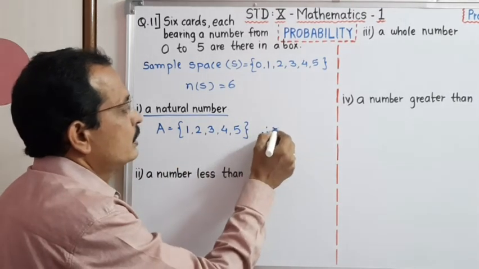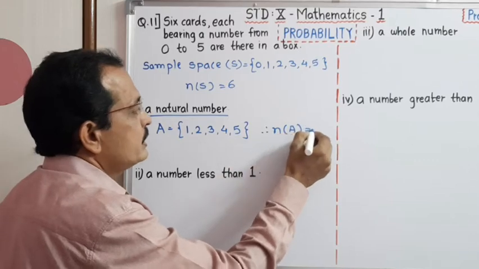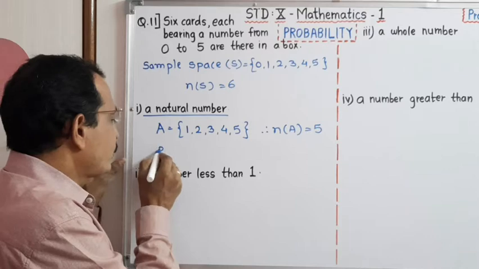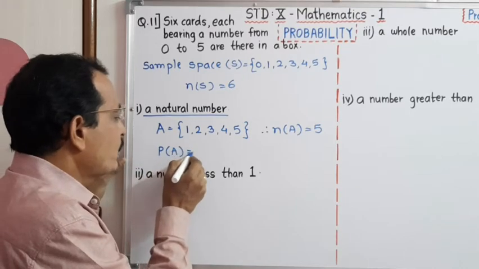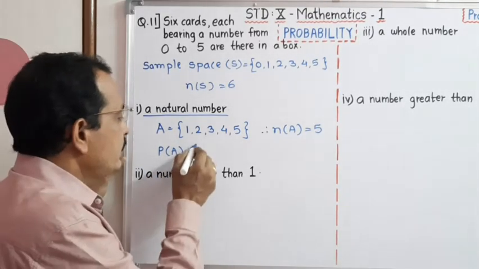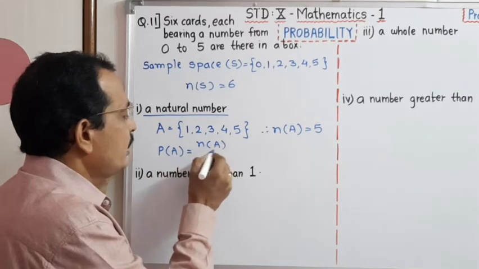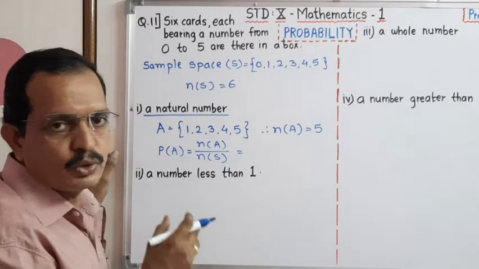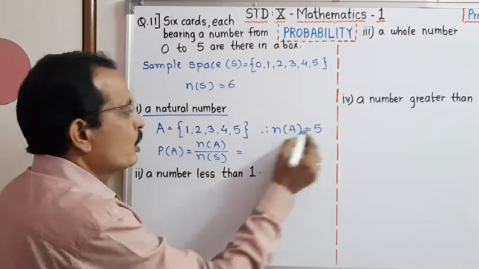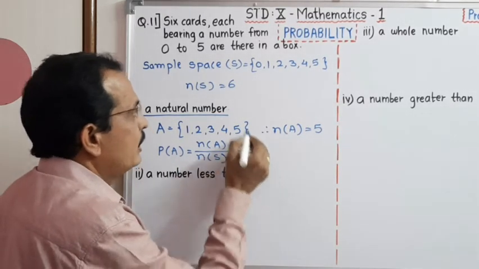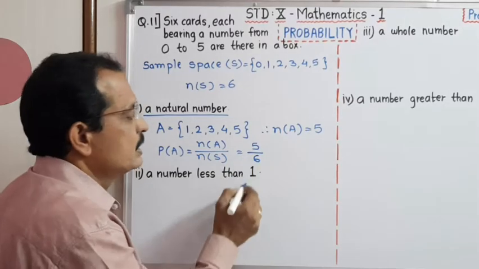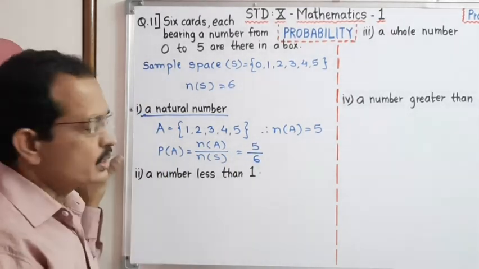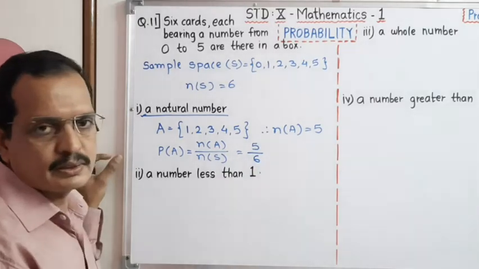Therefore, n(A) is equal to 5. And for that event, we have to find the probability. Probability of event A is equal to n(A) upon n(S). Dear student, all of you know this formula. Now n(A) is equal to 5 and n(S) is equal to 6. Therefore, the probability for a natural number is 5 upon 6.